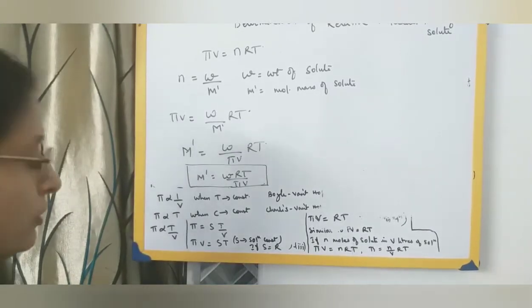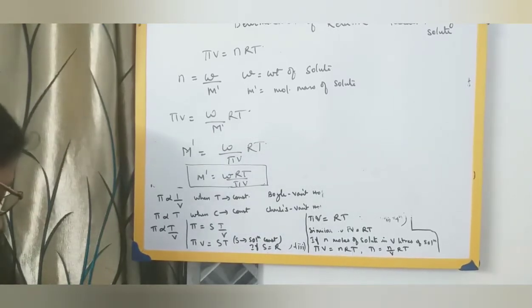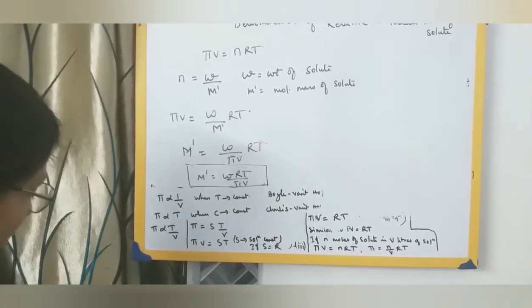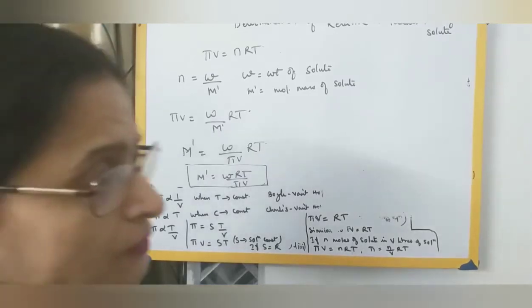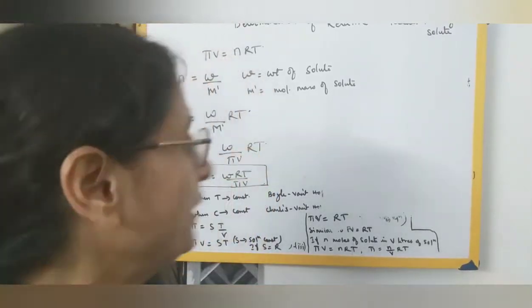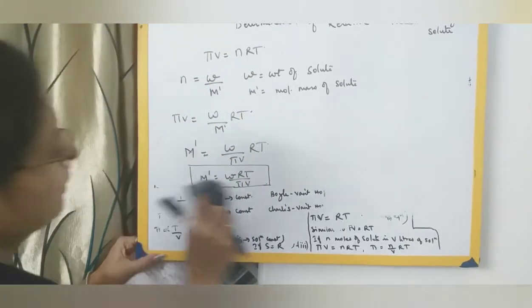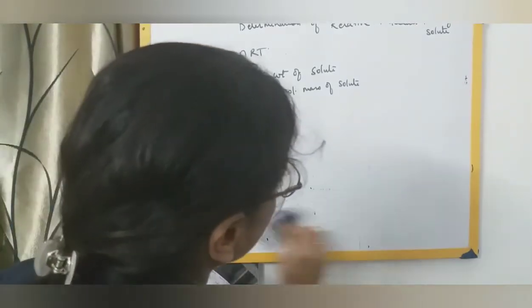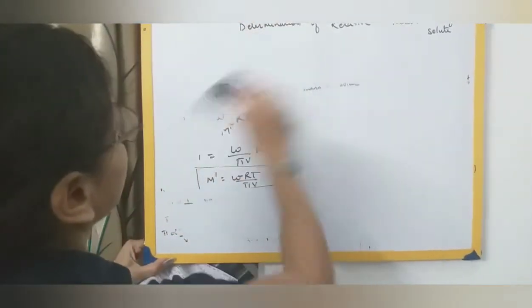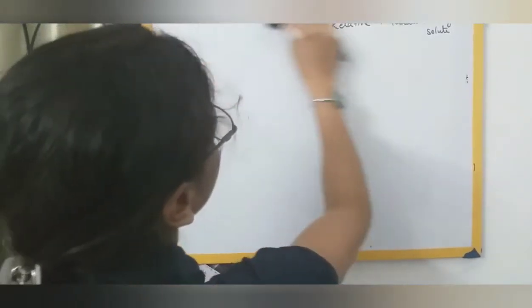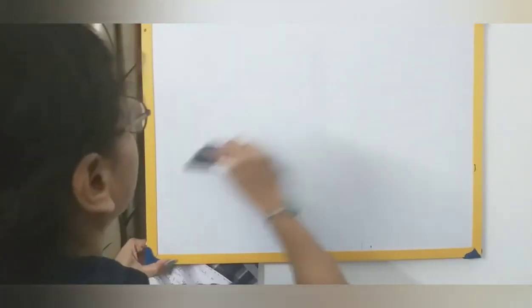Now, based on the concentration of the solution, the solutions are divided into three types. So we'll just see what are those three types of solutions based on the concentration. So first of all, the first type of solution.